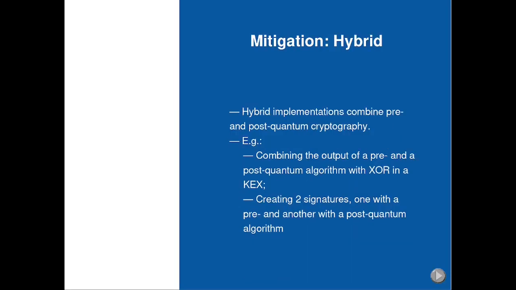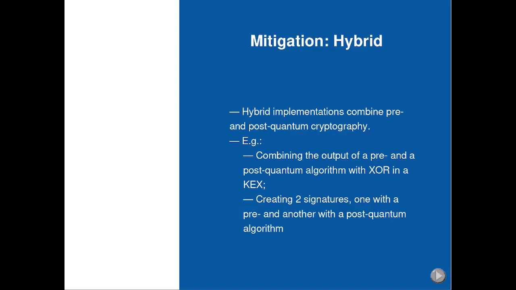There are also hybrid implementations, and these can be seen as a subclass of PQC because they combine a classical algorithm with a post-quantum algorithm to create a stronger cryptography that is secure against classical and quantum attacks.